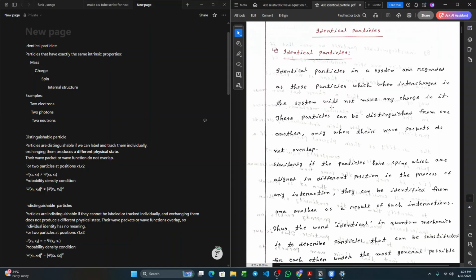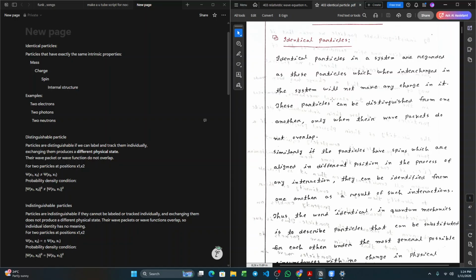So first of all, what is an identical particle? You should write these notes in the exam, but to understand these things, you can follow me. Now see my Notion pad: an identical particle has exactly the same intrinsic properties. What are the intrinsic properties?